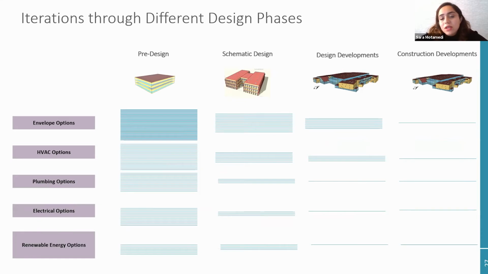And when you get to design development and construction, everything is shaped. Your zones are there, the envelope is there, and there's not that much of a change. So the blue line shows the number of iterations that are possible early on. As we go from pre-design to construction, the number of iterations gets lower and lower, and when you get to construction, you have probably one scenario to run, and that's it.